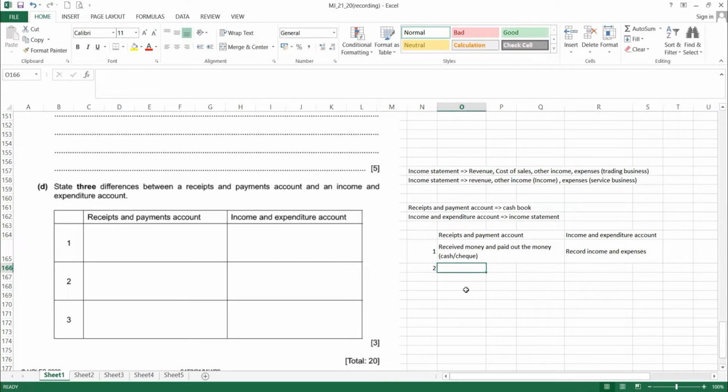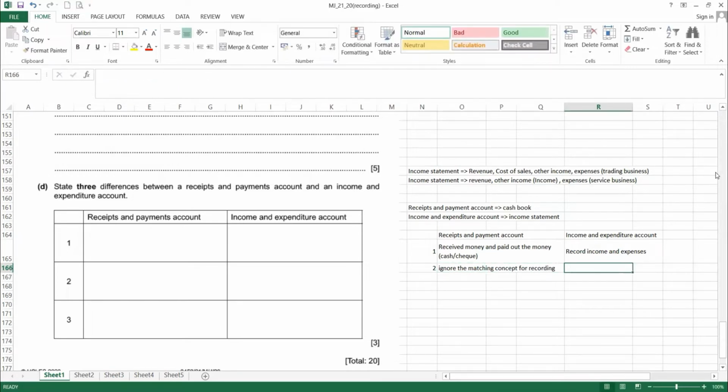Second difference, when it comes to the receipt and payment or cash book, we ignore the accounting adjustment. We take whatever actual money that we receive. So we can say we ignore the matching concept for recording.